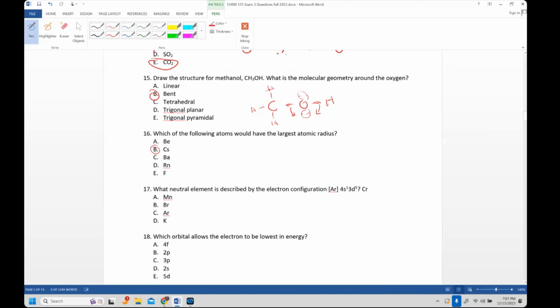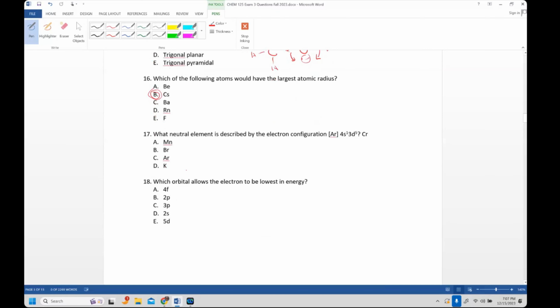So barium is right next to it, but it has 1 more proton, so you increase the effective nuclear charge, so that those electrons will be pulled in a little bit more. But cesium will be the largest.